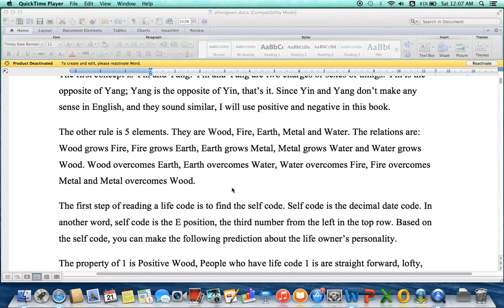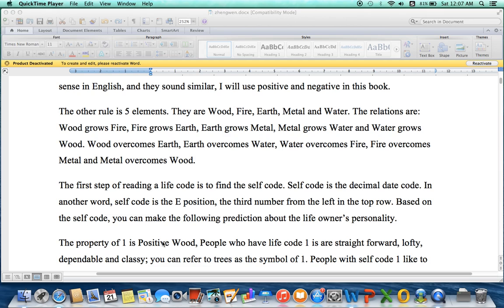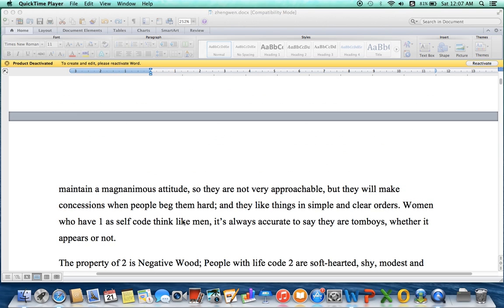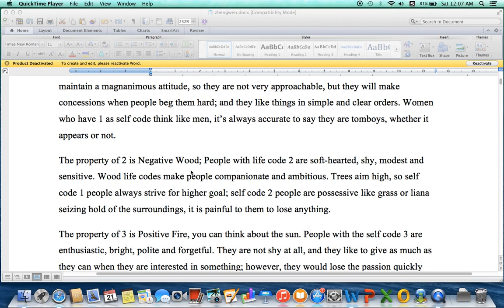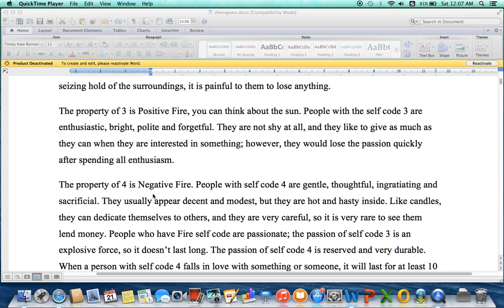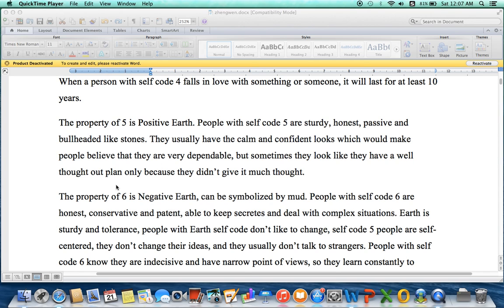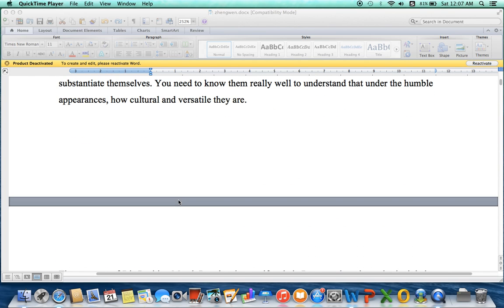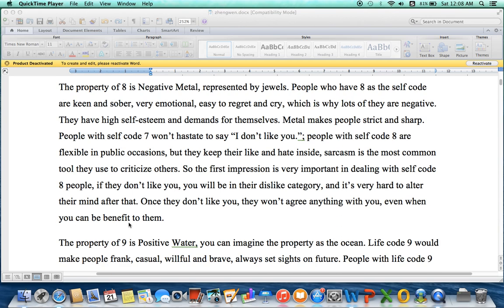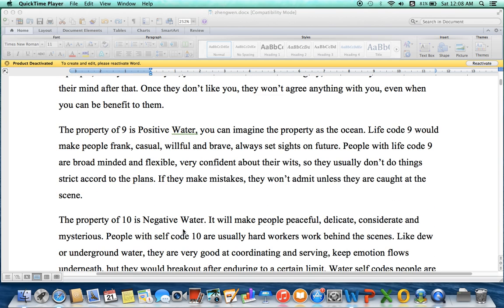For example, because of the elemental and yin yang property of the self code: 1 is positive wood, therefore people with self code 1 would be like this, and 2 is negative wood, which would make people like this, and 3 is positive fire, 4 is negative fire, 5 is positive earth, 6 is negative earth, 7 is positive metal, 8 is negative metal, and 9 and 10 are water, with 9 positive water and 10 negative water.